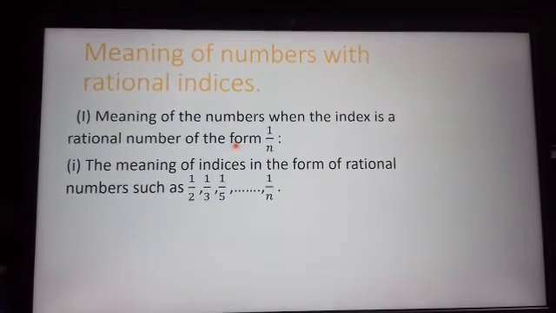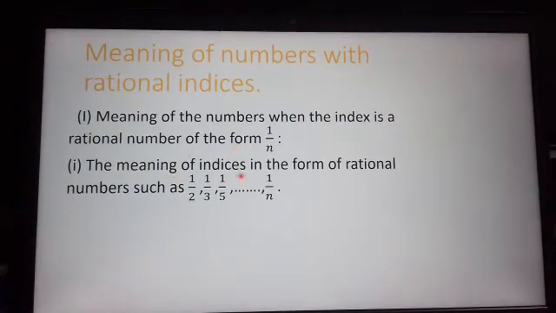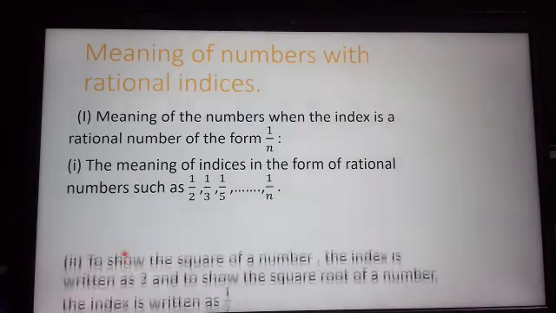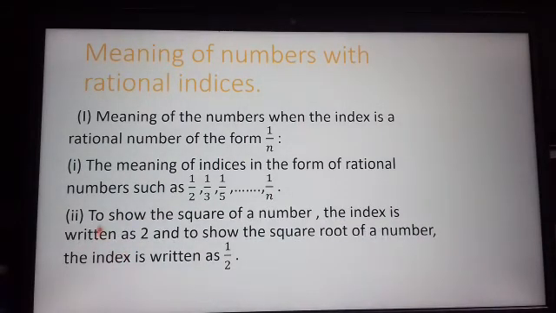So the first point is the meaning of indices in the form of rational numbers, such that their powers will be 1 upon 2, 1 upon 3, 1 upon 5, up to 1 upon n. Indices means the powers. Secondly, to show the square of a number, the index is written as 2.